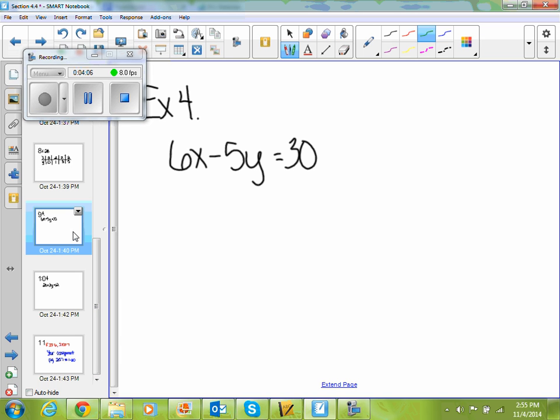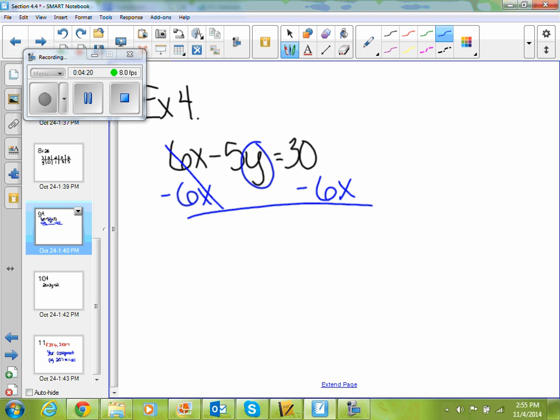If we're given an equation, we need to solve that equation for y. So how do I get rid of this positive 6x? Minus 6x. So I get minus 5y equals 30 minus 6x.